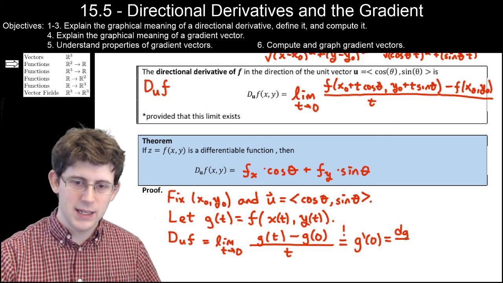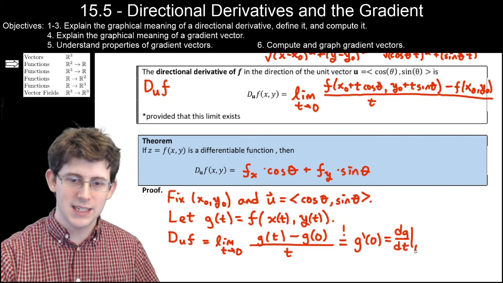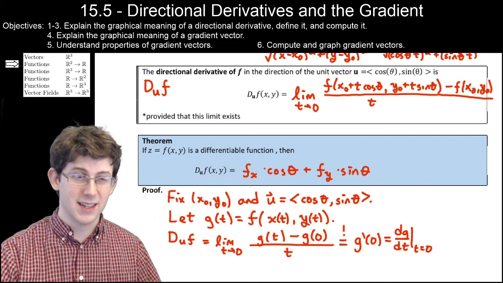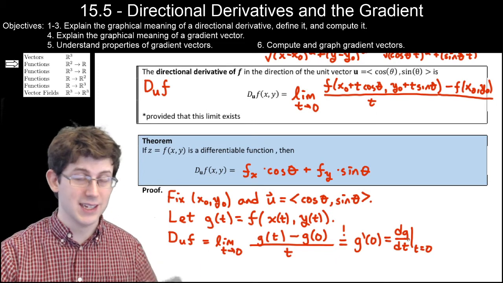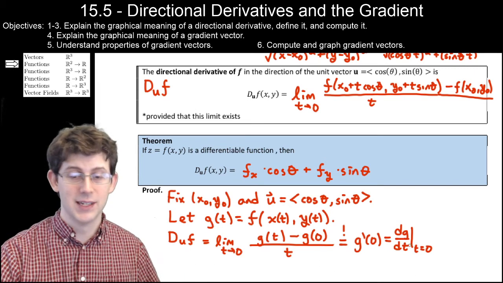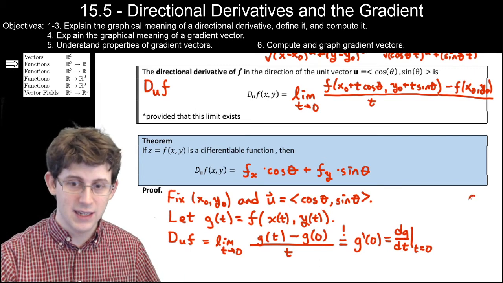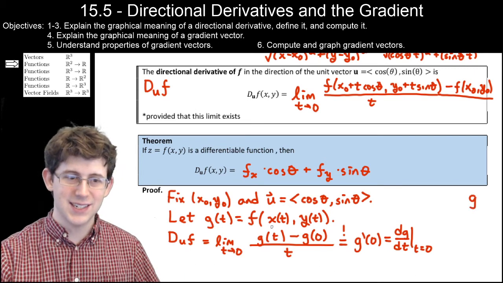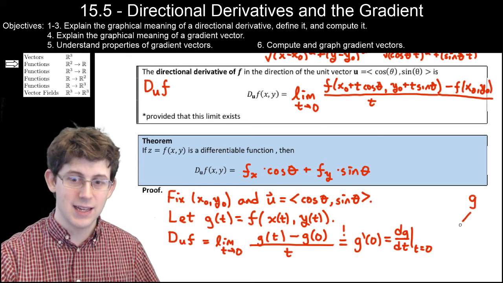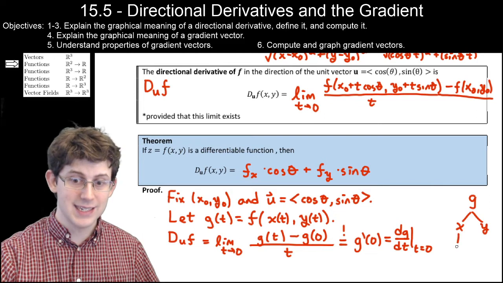Just to be a little more suggestive about it, I'm going to write this as dg dt at t equals 0. The reason is we just finished the chain rule, and there's a reason we just finished the chain rule. This function g actually depends on x and y, and x and y depend on t.